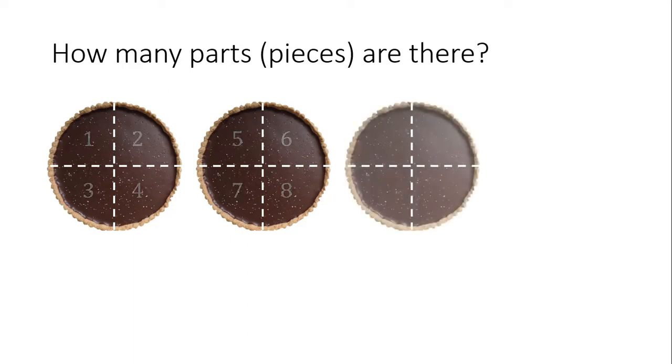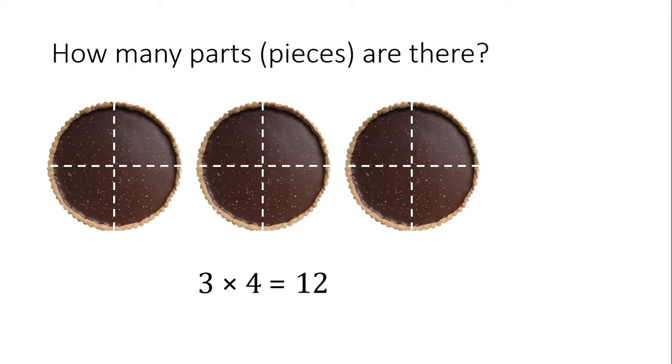What about 3 chocolate pies? Well, I'm tired of counting. I think I can do something different instead. Instead of counting each piece, I can say, well, there are 3 pies, and each pie has 4 pieces. 3 groups of 4, 3 times 4 is 12. Well, that was much faster. I didn't have to count each piece. Multiplication sure is my friend.